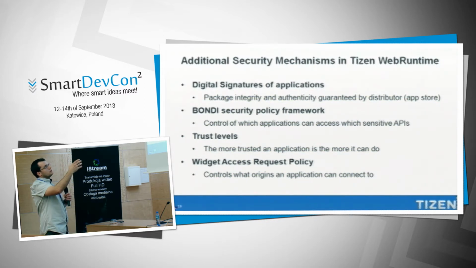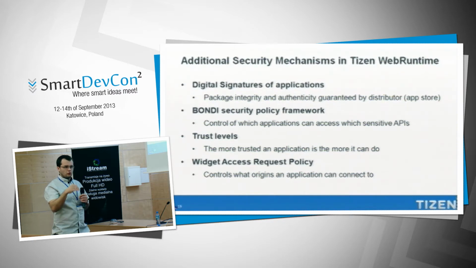Basically, the Bondi security framework allows you to make a really detailed policy about which applications can do what on the platform. So you can say that, for example, applications signed by Samsung can do anything. An application signed by Mozilla can only access camera, messaging, and whatnot.